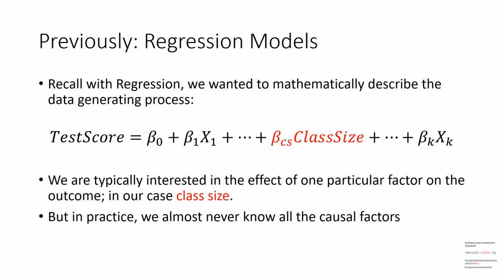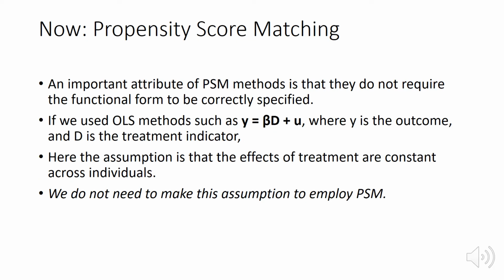Not just identify and isolate them, but describe the manner in which they influence test score. So we assume linearity, but that might not be the case. In practice, with regression analysis, what we want to do is describe the data generating process and isolate the impact of one factor. The great thing about propensity score matching is we don't.